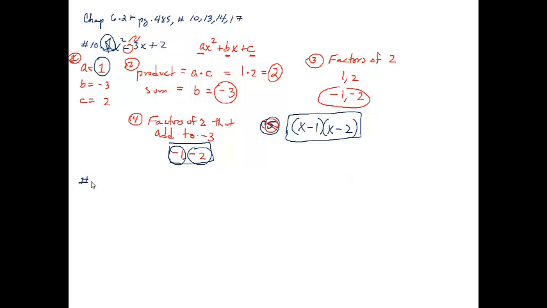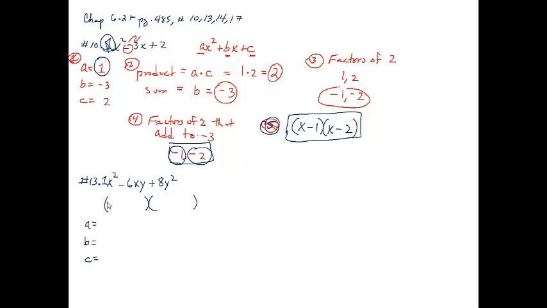Alright, number 13. It says factor completely. So I have x squared minus 6xy plus 8y squared. First thing first, notice that the form is always going to be written like this, your answer. Let's write out our a, b, and c.